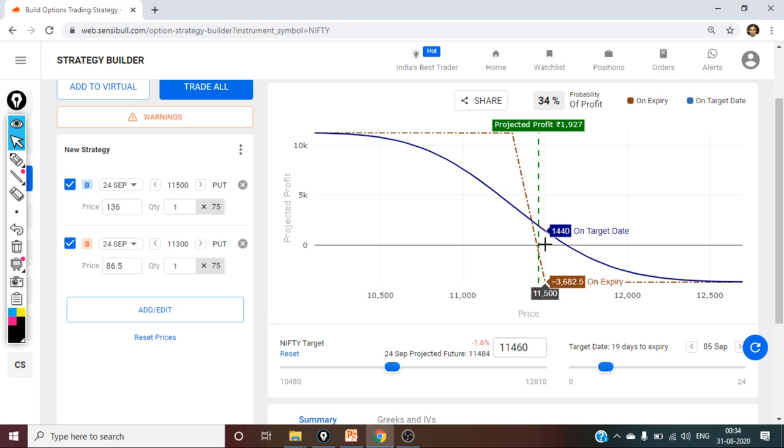That means we improve our probability. You can see the probability was 29% when you are on a long option. When you buy a put option and enter into a debit spread, your probability increases.